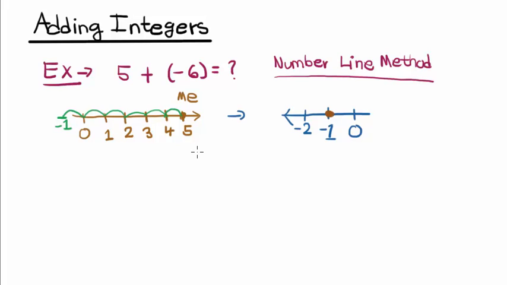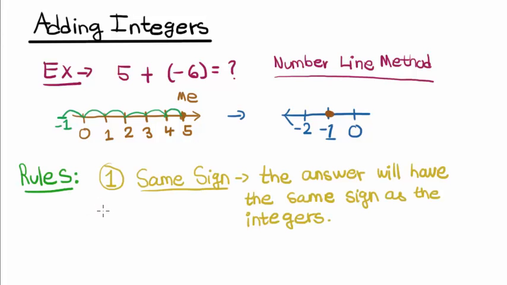So let's go over 2 rules now that need to be covered when we deal with adding integers, no matter how big or small they are. So here is rule number 1. What this rule really says is that the answer will have the same sign as the integers. An example of this is this. If I add something like positive 3 and positive 4 together, my answer will be 7.